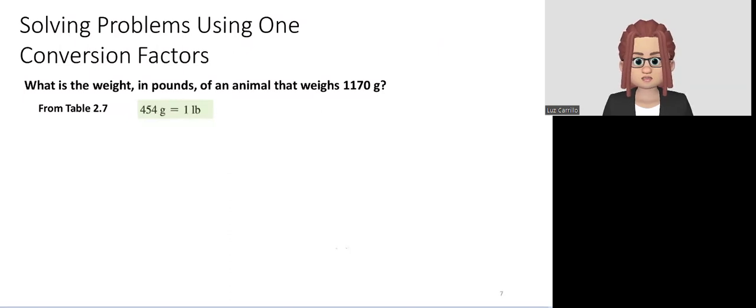First, we're going to explore how to do problems that have only one conversion factor in order for us to bridge together, basically to connect together, the given unit and the needed unit. The following problem states, what is the weight in pounds of an animal that weighs 1,170 grams? As we read the problem, we can identify that this specifically is our given unit.